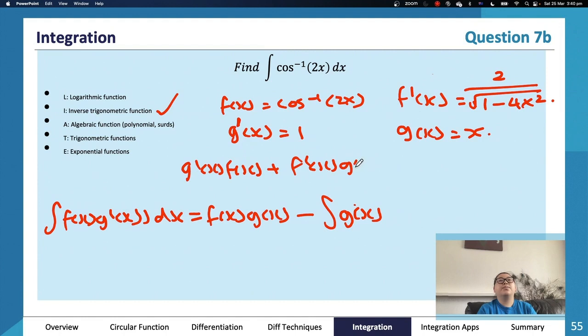So you just need every combination of those two. This one had the dash, this one doesn't, and this one is the f dash of x dx.